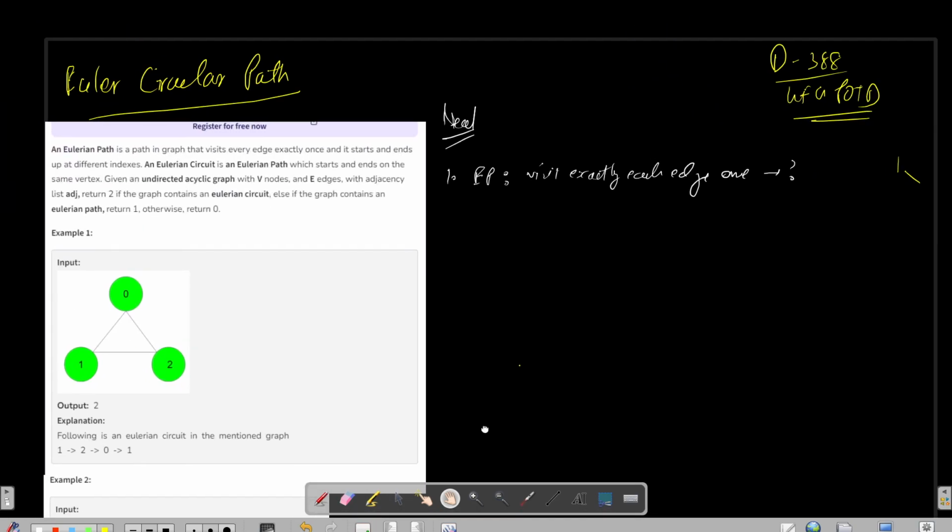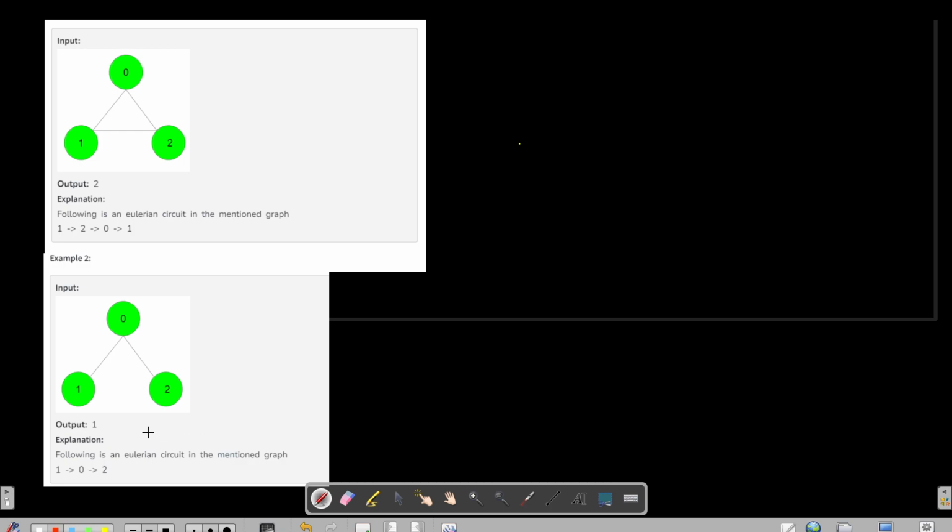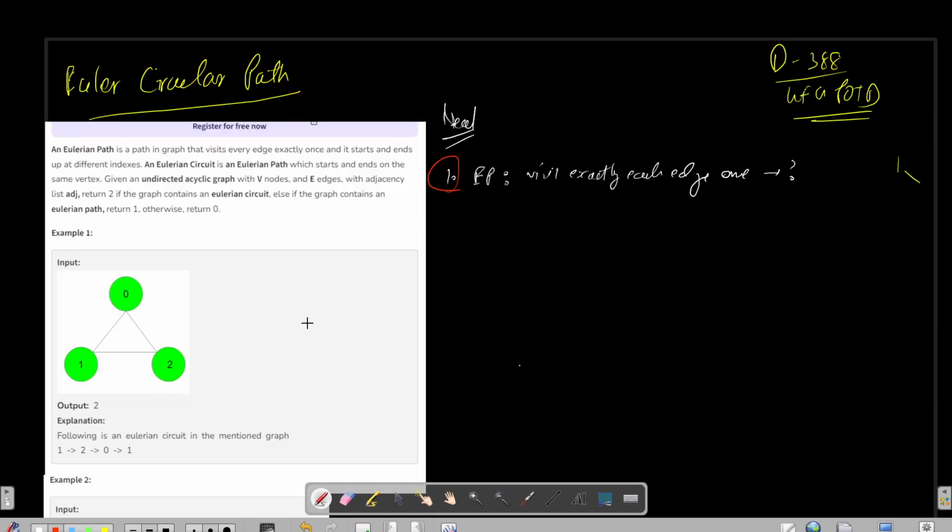In the EP, we need to return 1, right? So the return value here is 1, so I am circling it. You can see the graph as 0, 1, and 2, and it is following a Euclidean path. Contains a Euclidean path returns 1.